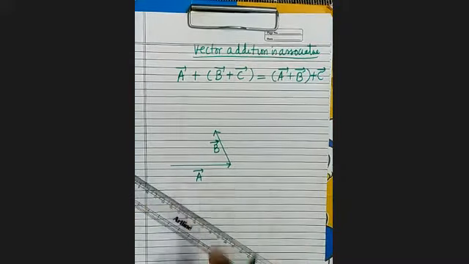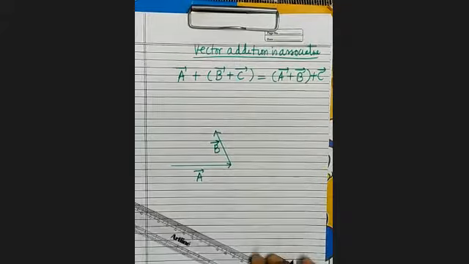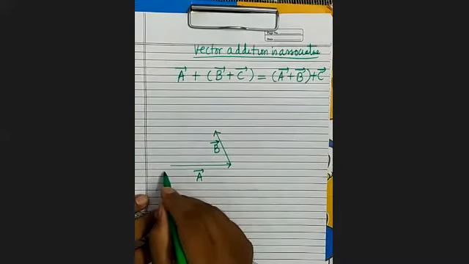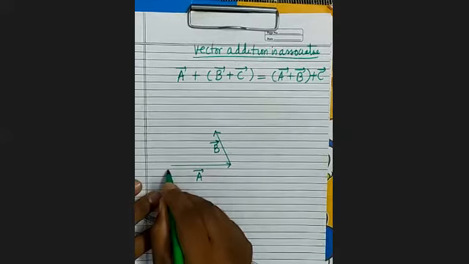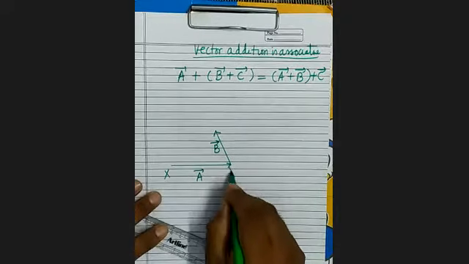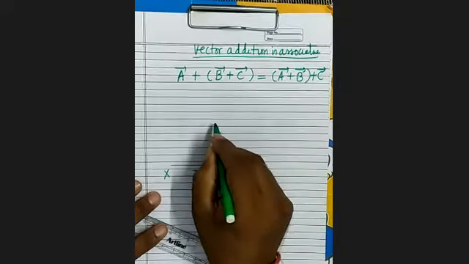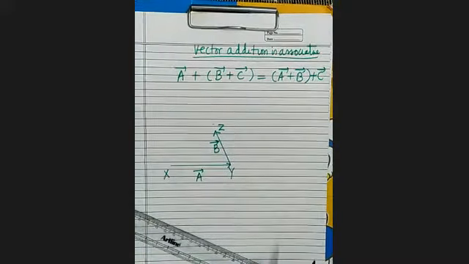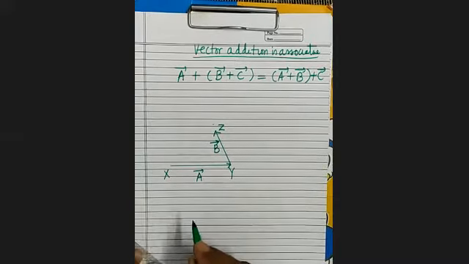What will be the resultant of vector A and vector B? Who can tell? Suppose you name these points X, Y, Z. What will be the resultant of vector A and vector B?